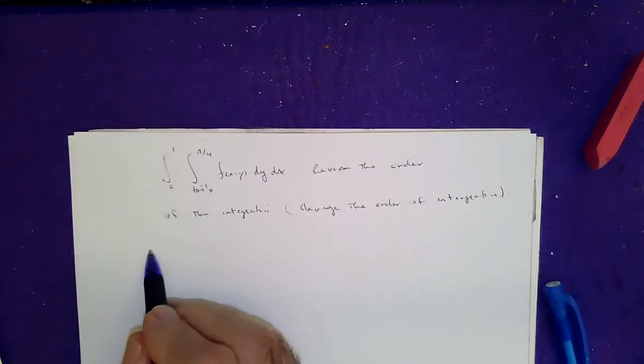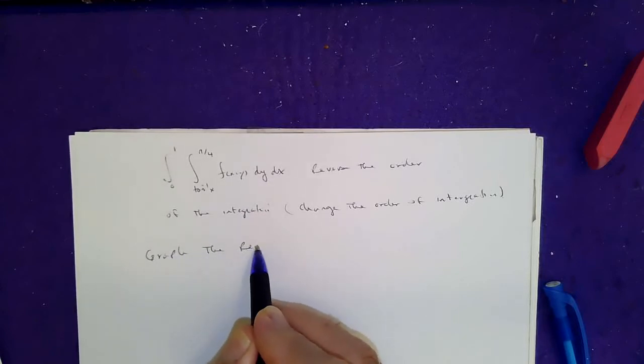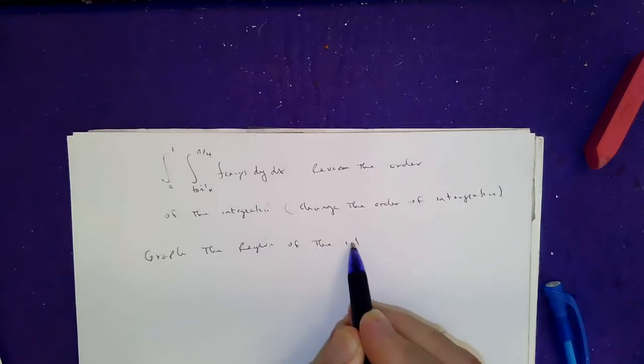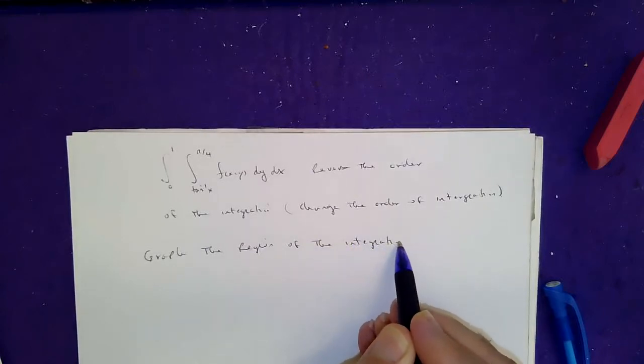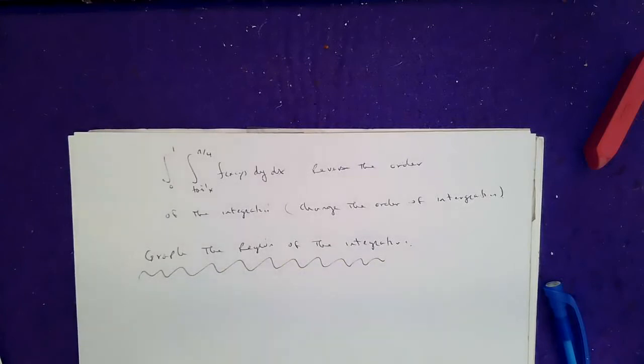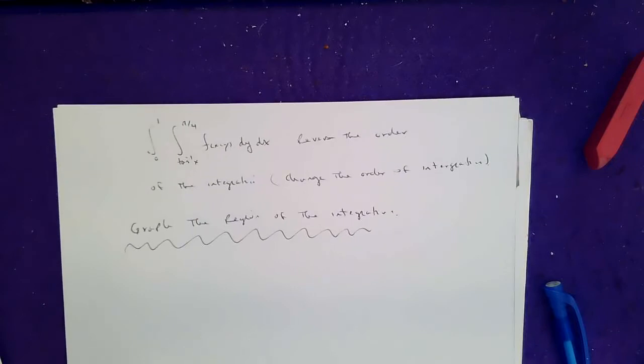So what do you do first? First, you graph the region of integration. And remember that region should be a closed region. It should not have any holes in it, no opening.